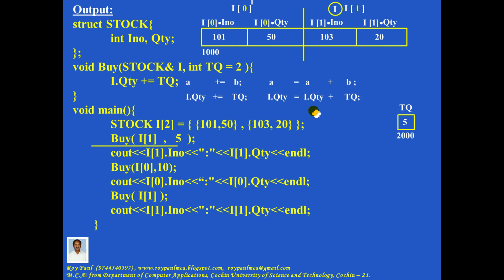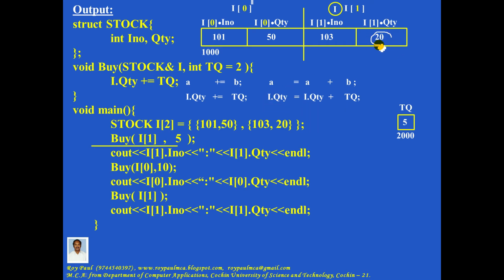Now, assignment operator means the right hand side should be assigned to the left hand side. So what is I dot quantity? You can see I dot quantity is 20. What is tq? It is 5. So 20 plus 5, 25, that should be assigned to I dot quantity.